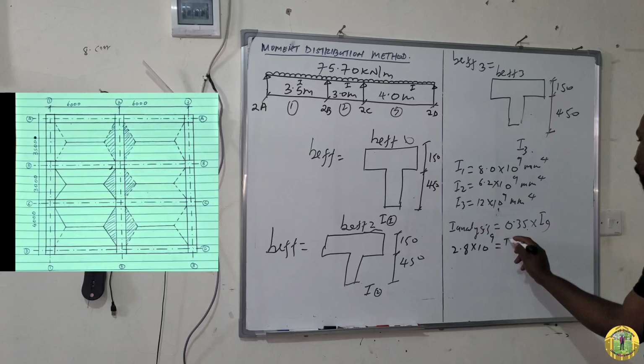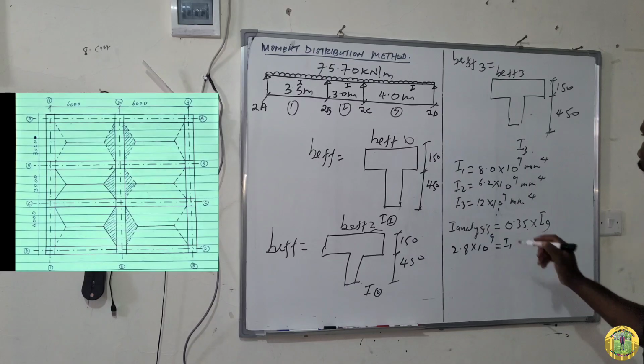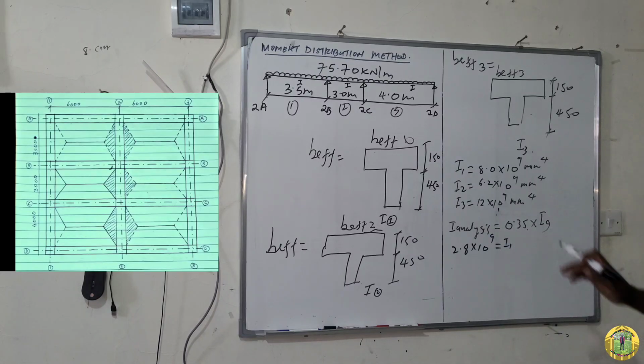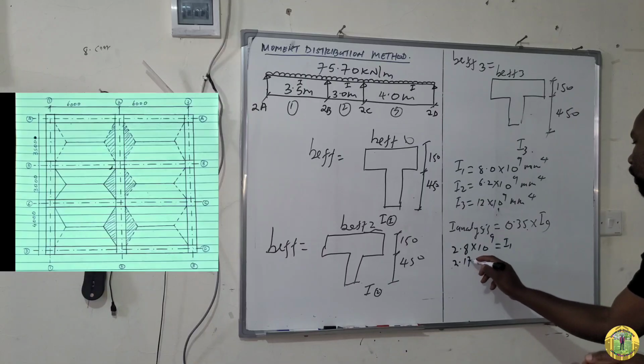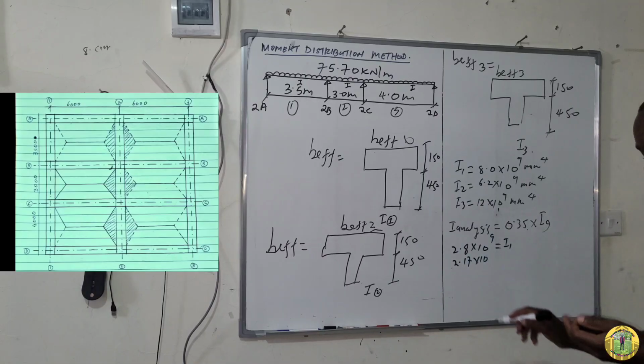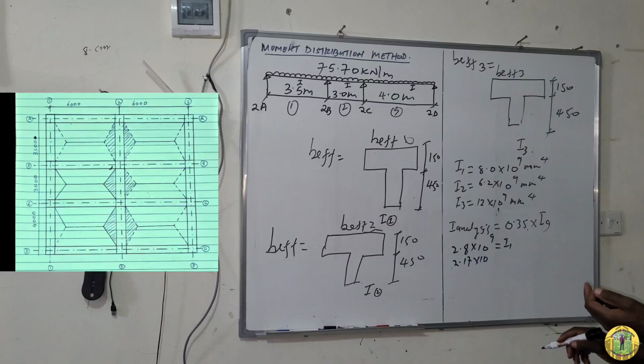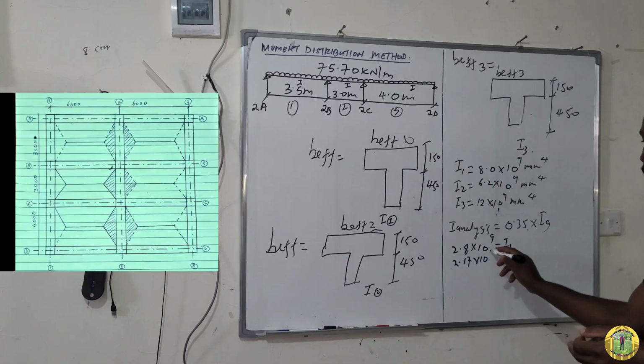So this is I1 for analysis. And then I2, you will take 6.2 times 0.35. So you'll get 2.17 times 10 raised to power 9.